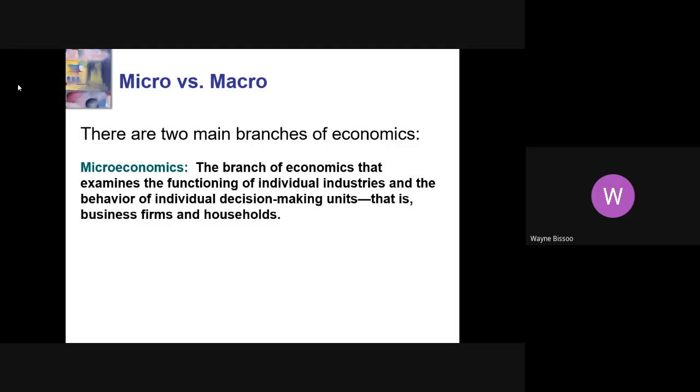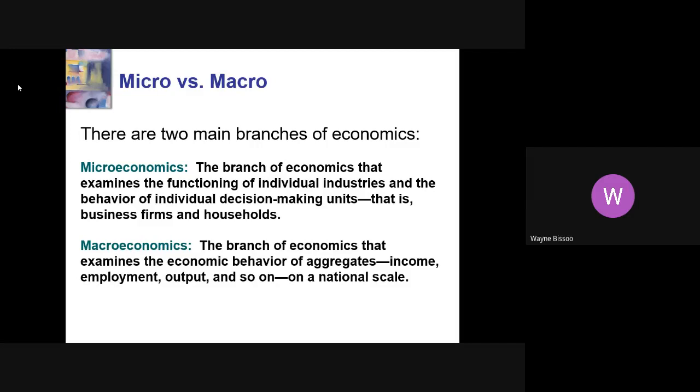Those are the basic units that make up our society and our economy, so we need to be looking at that. That's microeconomics. We're going to be studying their behavior a lot, both of these elements. If you look at the course outline, you'll see the separation of units actually supports this.